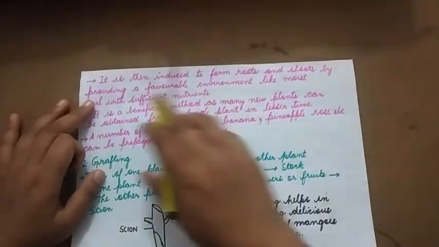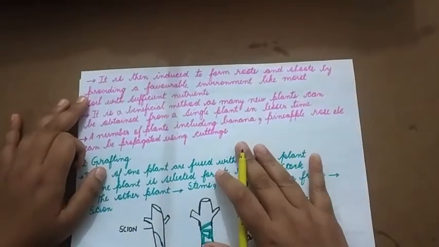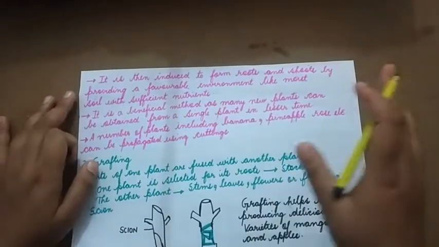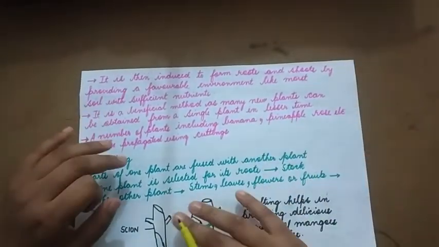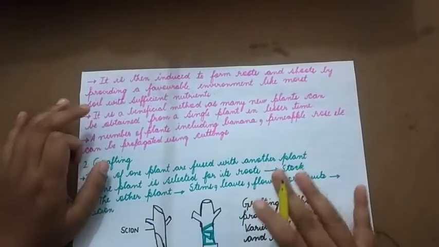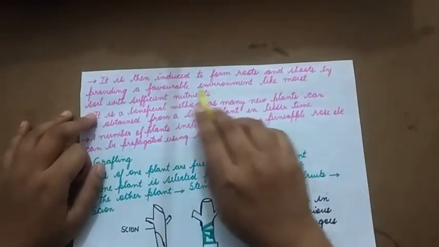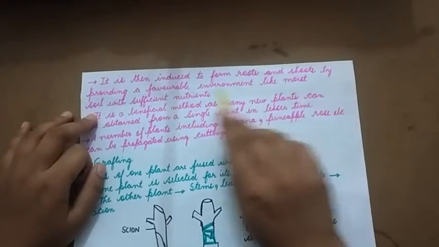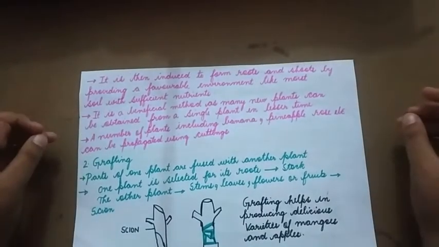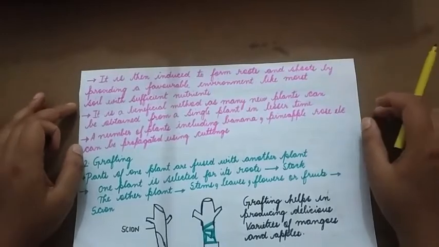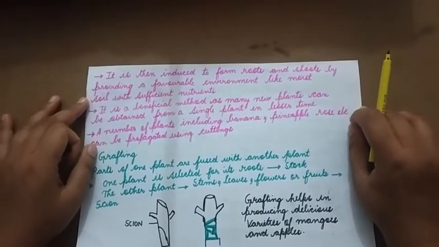Then it is planted into the soil. The cutting is taken in a pot and covered with soil. It is then induced to form roots and shoot by providing a favorable environment like moist soil with sufficient nutrients.